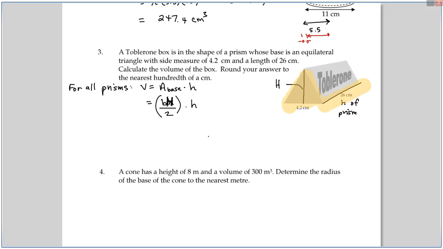So what do they give us for information here? It's an equilateral triangle with a side measure of 4.2. So how are we going to solve for this capital H? What do you think? Probably some Pythagoras? Probably. All right. So this is capital H. This is 4.2 because it's equilateral.